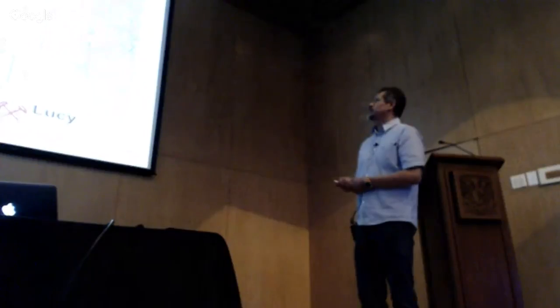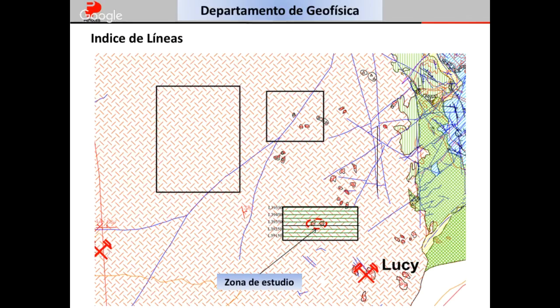The most evident rock on the surface is an intrusive of diorite granite composition, and there are some breccias, and these breccias are mineralized with copper and molybdenum.